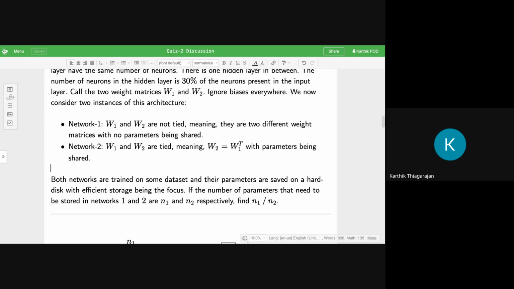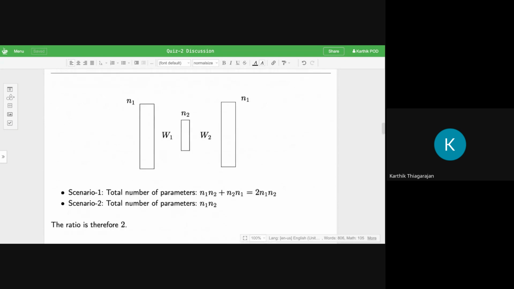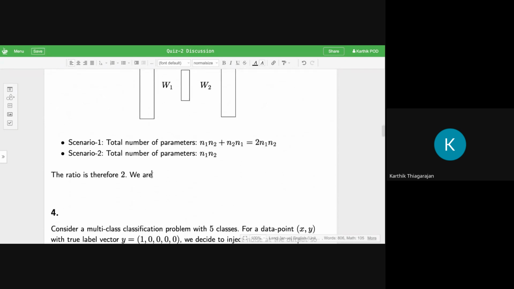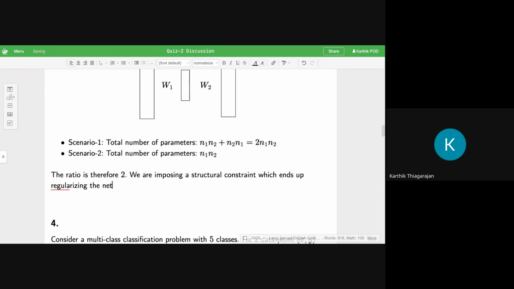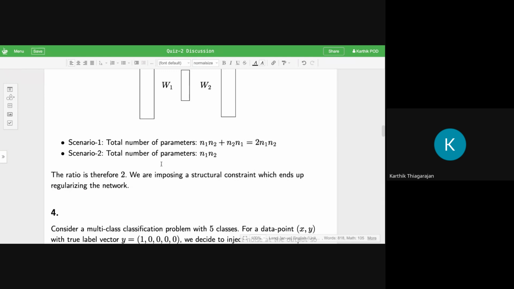So that's a structural constraint that you're imposing, which ends up regularizing the network. Okay, so that is something you have to take away from this problem.